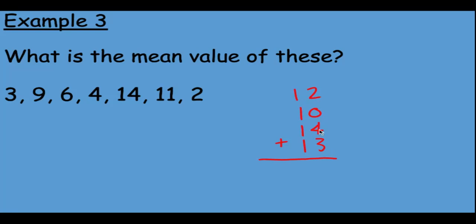So I've got 2 and 4 is 6 and 3 is 9. And then 1, 2, 3, 4. So I've got 49 as my total. I'm going to divide that by 1, 2, 3, 4, 5, 6, and 7. So I've got 49 divided by 7, and I should know that 7 times 7 is 49. So 49 divided by 7 is 7, and that is my mean value.